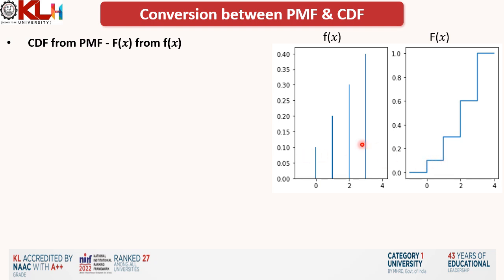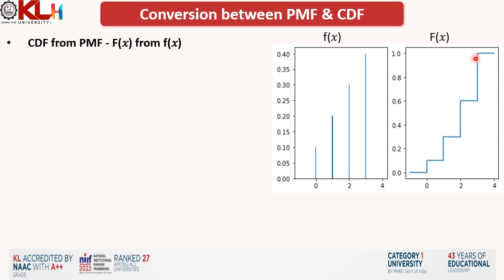Now the CDF at 1 is the probability of X less than or equal to 1, so you can add probability of X equal to 1 and probability of X equal to 0. So this goes to 0.3, 0.1 plus 0.2. Similarly, the CDF at 2 is going to be the probability of X equal to 2, X equal to 1, and X equal to 0. So by adding those three probabilities, we get the CDF at 2, and so on.